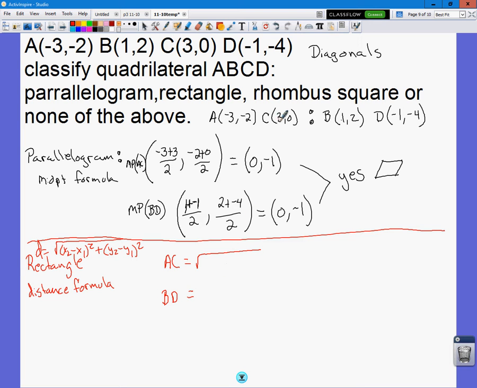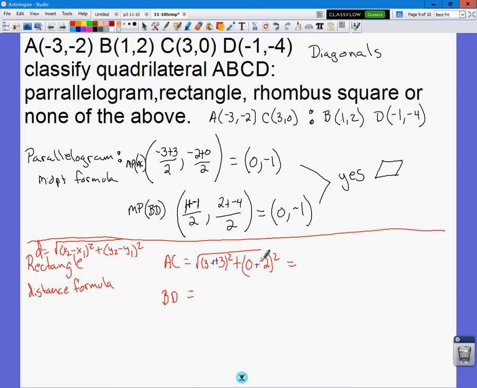So, in AC, x2 minus x1, I'd have 3 minus a -3 squared plus y2 minus y1, 0 minus a -2 squared. Well, my minus and negatives are going to change to what?